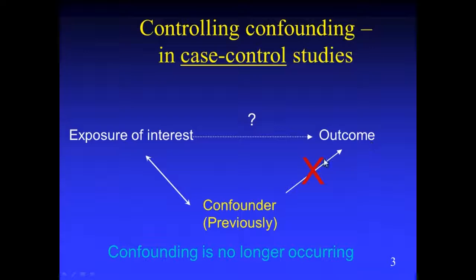It does that by making the two outcome groups, the case group and the control group, very much the same in terms of the distribution of confounding factors. So there's no association between the outcome and the confounding factor, and that must be the case if the distributions in the two groups are made much the same.